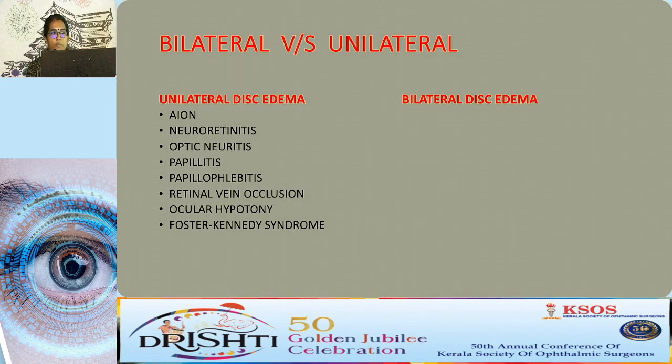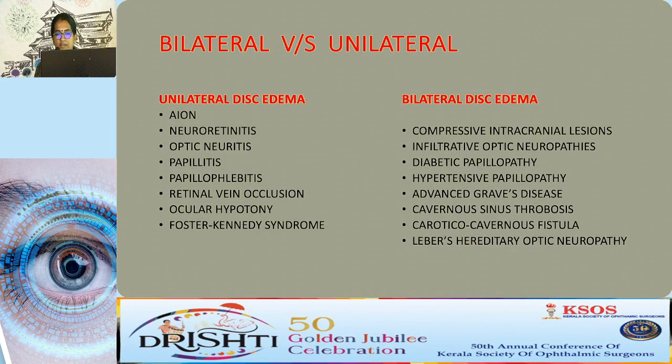The next thing that would help you to differentiate the diagnosis is whether it is a unilateral disc edema or a bilateral one. All unilateral cases may go into a bilateral one later. AION is the classical unilateral disc edema; neuroretinitis, optic neuritis, papillitis, papillophlebitis, retinal vein occlusion, ocular hypotony, Foster Kennedy, all of these can present with unilateral disc edema.